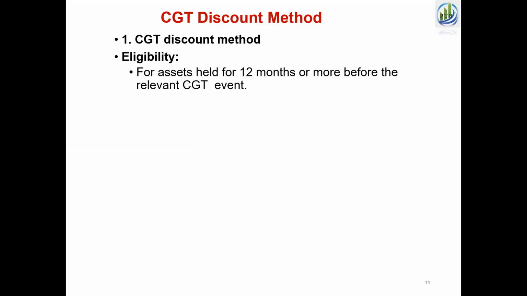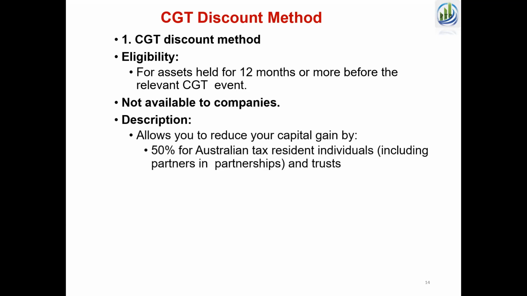If you satisfy that condition, we can click on the discount method for Australian residents only. You cannot apply the discount method for non-residents and companies. You can apply it only for Australian residents and super funds. How much is the discount for an individual like you and me, an Australian resident? 50% discount.